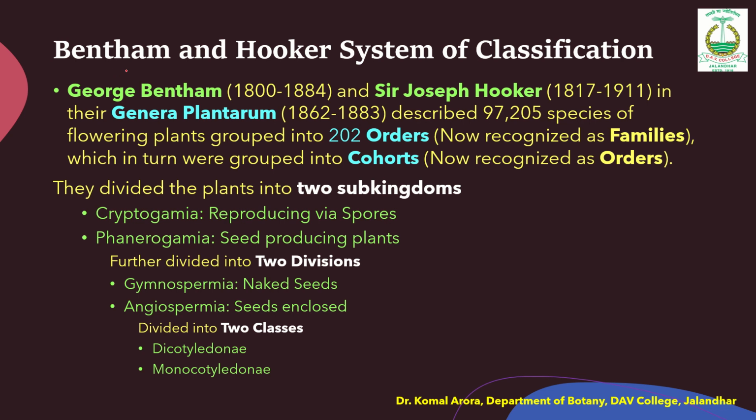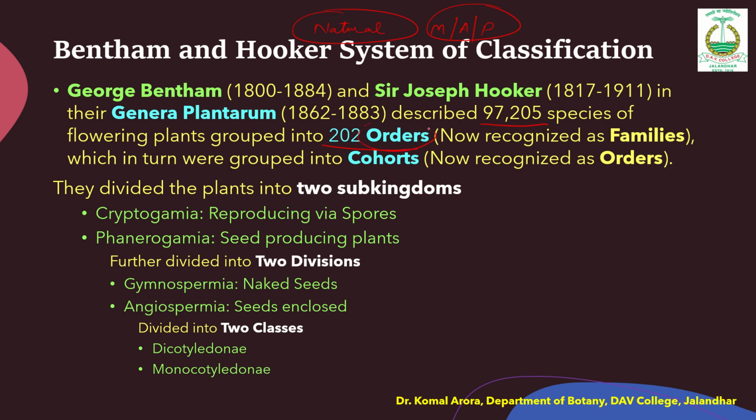Today we are going to discuss the Bentham and Hooker system of classification. This is a natural system of classification in which a number of morphological, anatomical and physiological characters were compared amongst 97,205 species of flowering plants, which were further categorized into 202 orders.